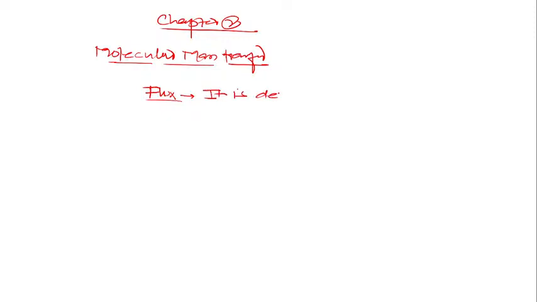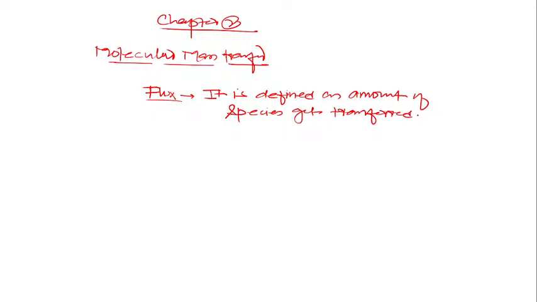It is defined as, let's say here I'm talking about mass transfer, so I will write species: the amount of species transferred per unit time through unit area normal to the direction of transport. The area must be normal to the direction of flow.